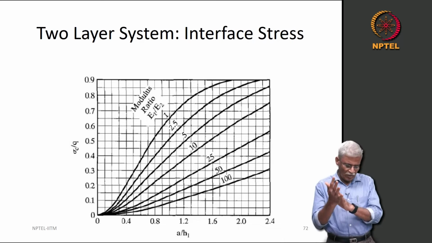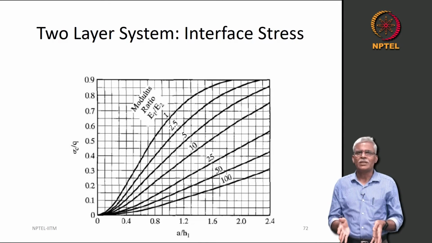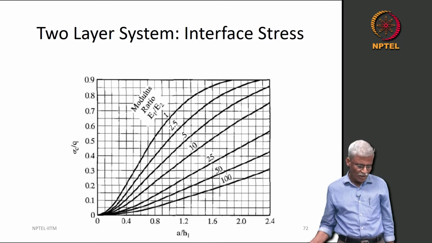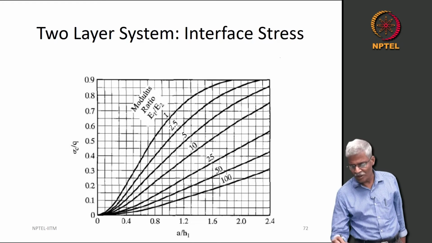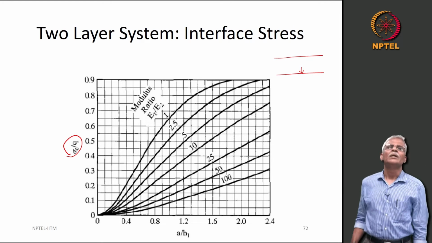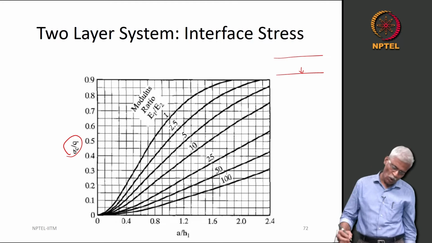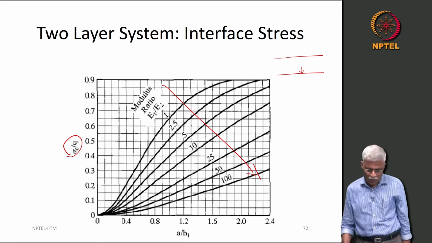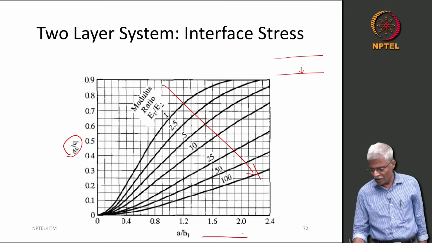So, we are going to have the interface stress, and I think I have already shown similar things to you. So, what is this interface stress? You are talking about the stress here. What is it that you see here? Sigma c by q, this is the modular ratio E1 by E2, and this is A by H1.